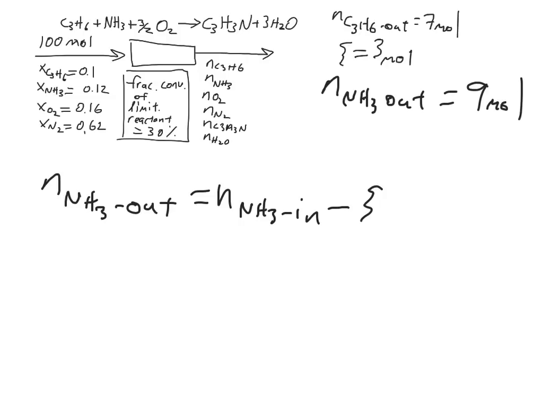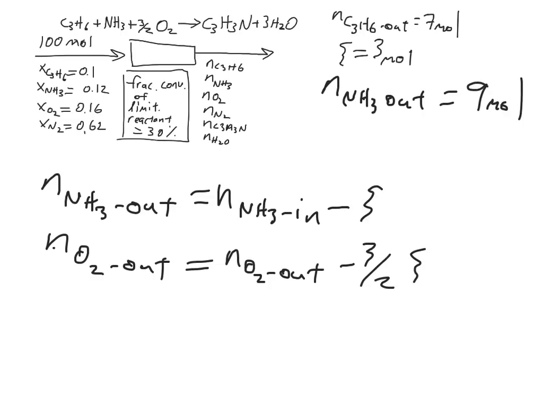And I can write another equation for O2, and that's just equal to NO2 in minus 3/2 the extent, and I can go ahead and solve this. I know everything in here except this part. I know this, it's given, and I know this right there, and I can go ahead and write O2 out.